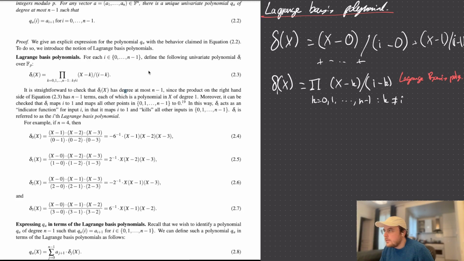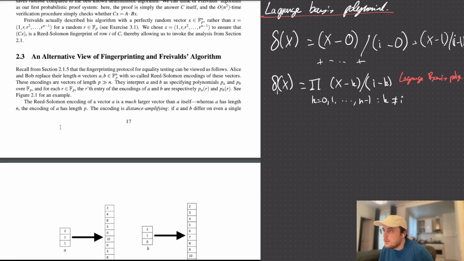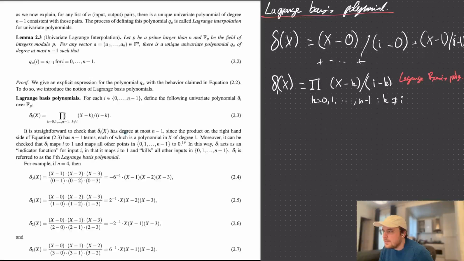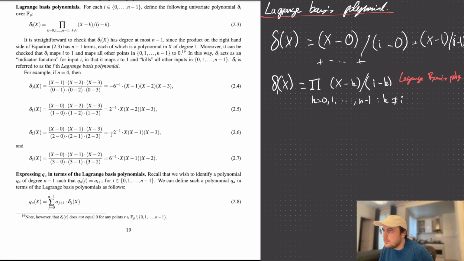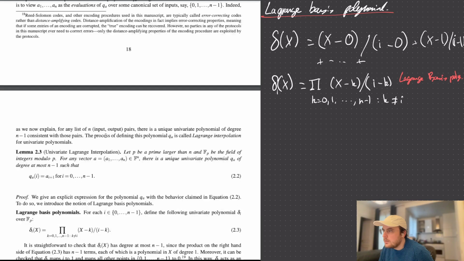It has degree at most n minus 1, since the product on the right hand side has n minus 1 terms, each of which is a polynomial in x, of equation 2.3. Okay, I'm missing something here.